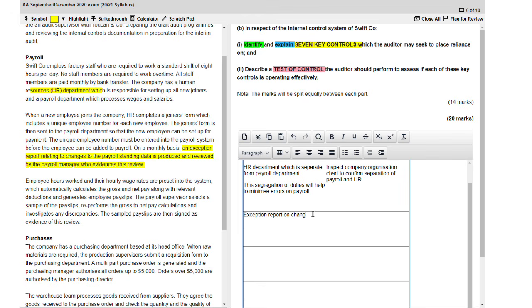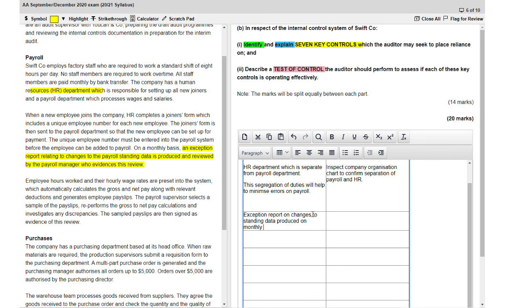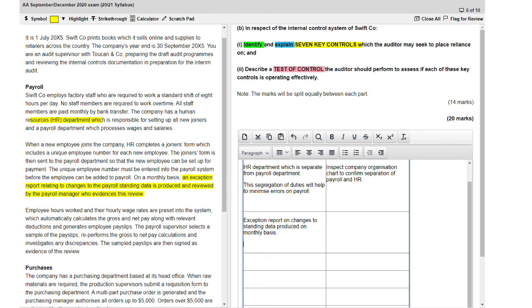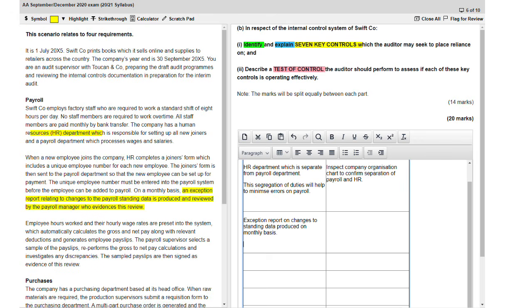So my key control is therefore that an exception report on changes to standing data is produced on a monthly basis. So what's the point of that? Again, that will help us to identify errors or possibly unauthorized amendments.